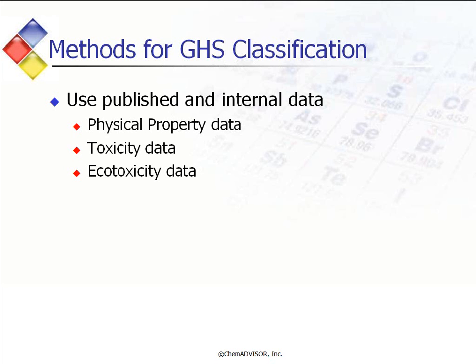So as a manufacturer or as a service provider, if you have customers with data, you have vendors with data upstream from your process, or if you are manufacturing and testing materials yourselves, it's that information that needs to come into play as well. And the LOLI database does not contain that scope of information. Where you have test data, that should be prioritized over any of the publicly available data, for physical properties, tox, and ecotox.